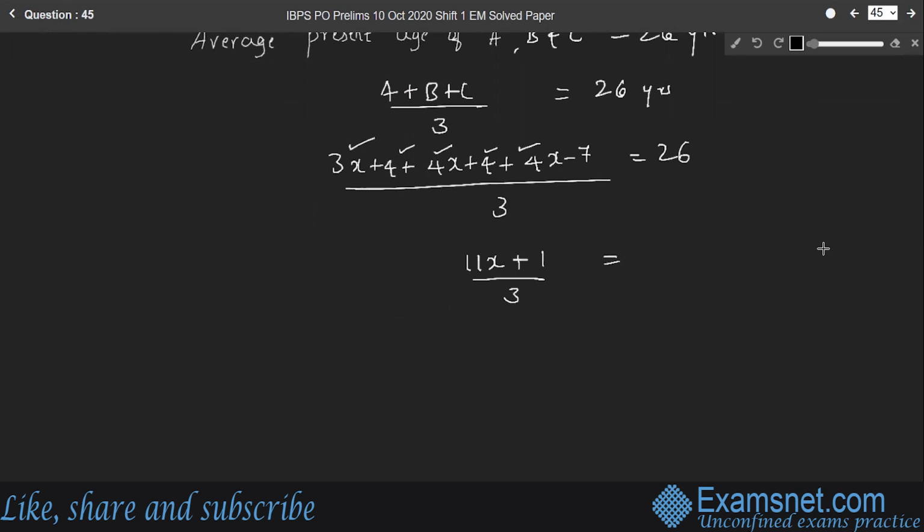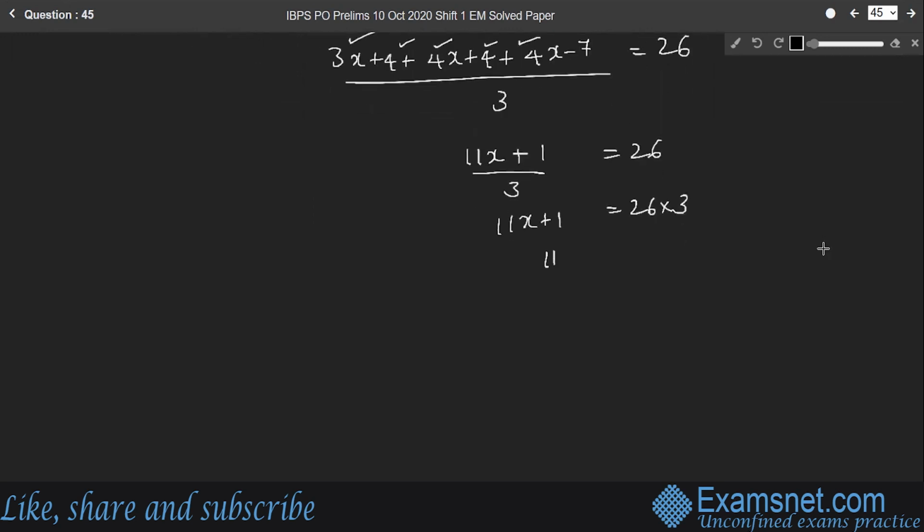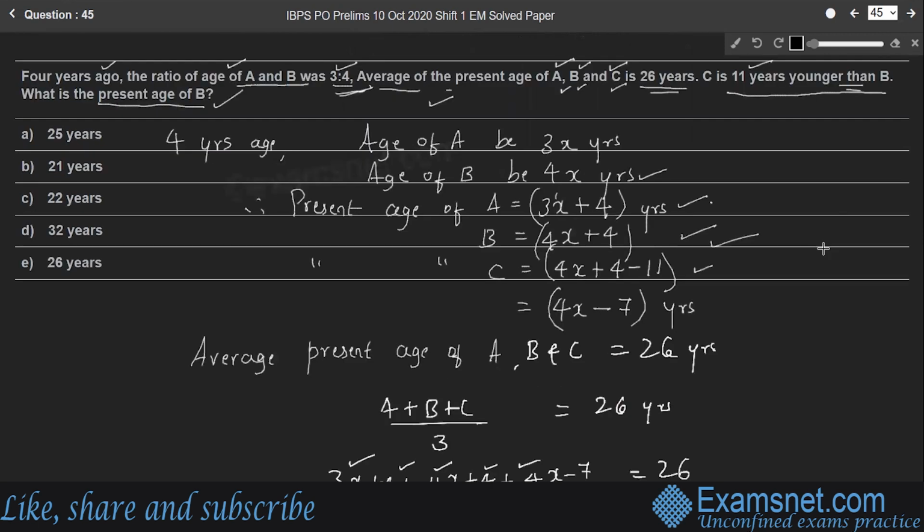Divided by 3 is 26. So 11x plus 1 is 26 into 3, which is 78. So 11x is 78 minus 1, 77. Therefore, x is 7. Here, we have to find the value of 4x plus 4.